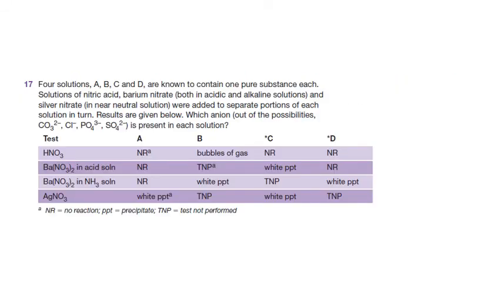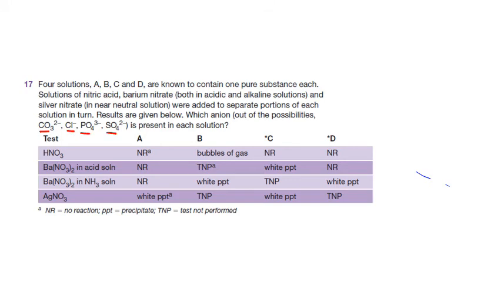Similarly, we have a question on anions. So what we've got here is a table, so we want to work out whether A, B, C, or D are carbonates, chlorides, phosphates, or sulfates.